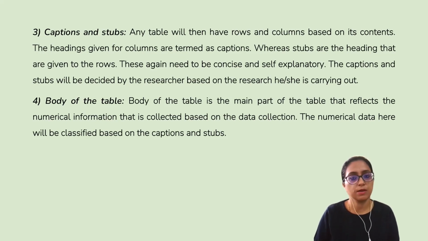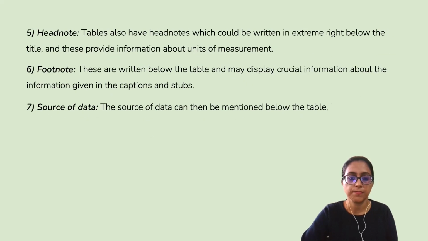The captions and stubs can be decided by the researcher based on the research he or she is carrying out. Then comes the body of the table. The body of the table will contain all the numerical data you have obtained on the basis of data collection. The numerical data here will be classified into captions and stubs. We will see an example of this.